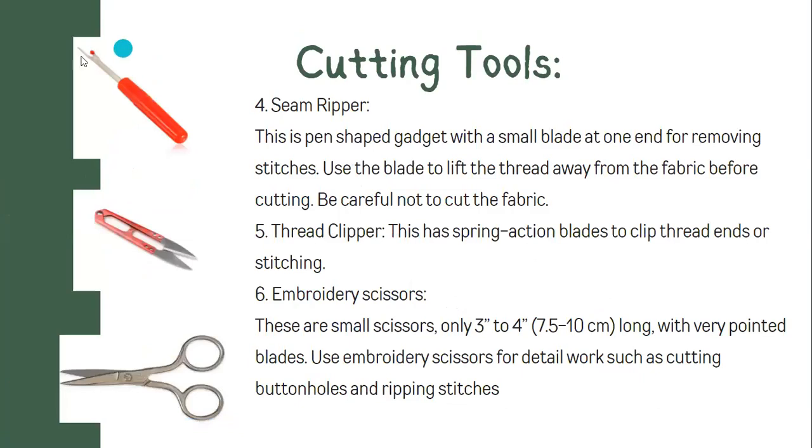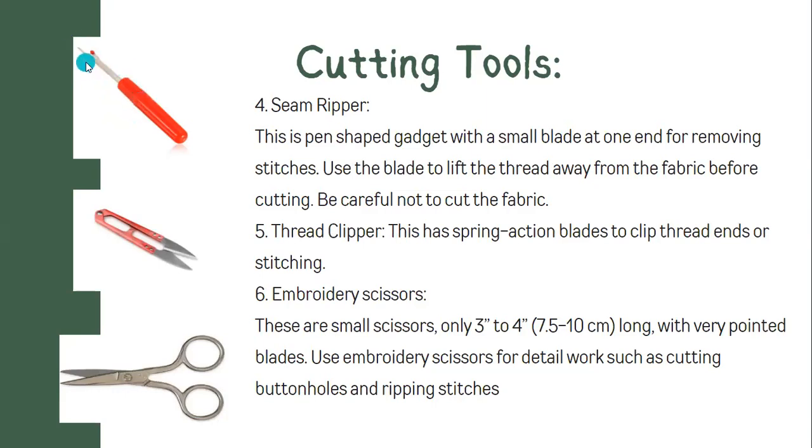The next one is the seam ripper. This is a small tool used for removing stitches. For example, if your dress has become really tight, you can use this for removing the stitches. It's very easy compared to pulling it out with your hand or a small needle.